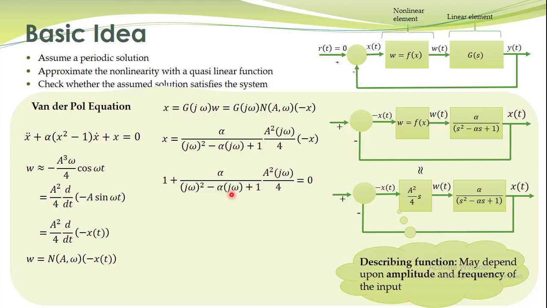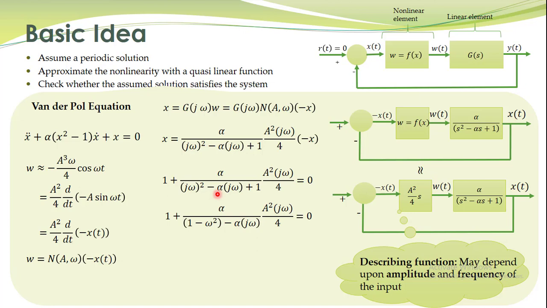How to solve this equation? This is a complex equation. To solve it, you will set the real part of this equation equal to 0 and the imaginary part of this equation equal to 0.